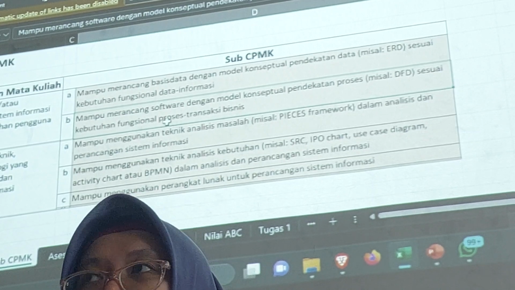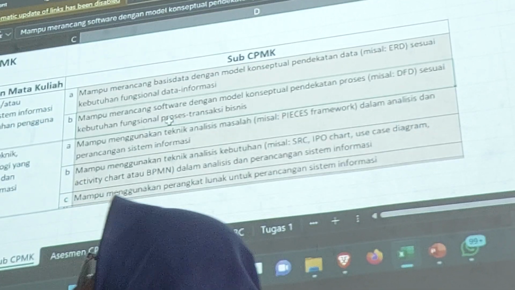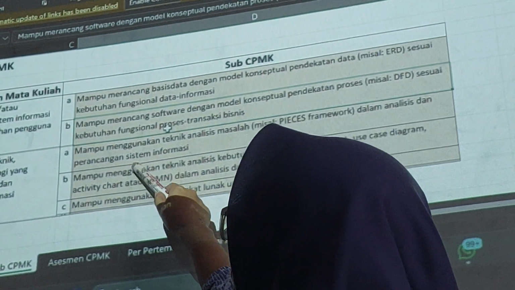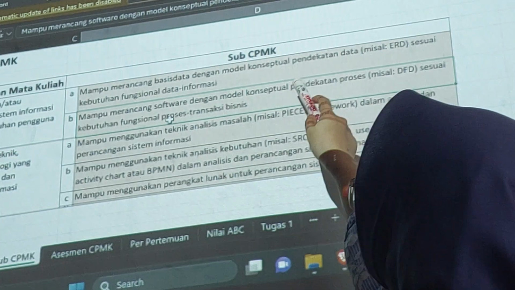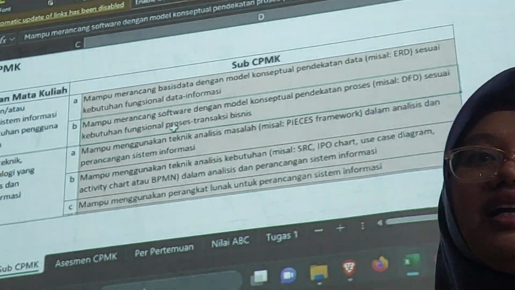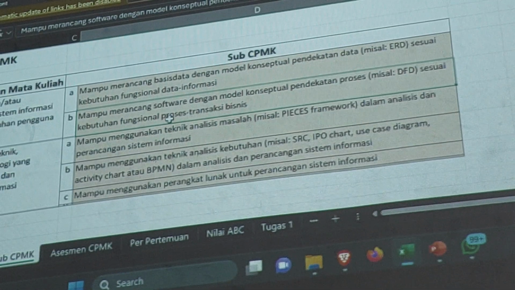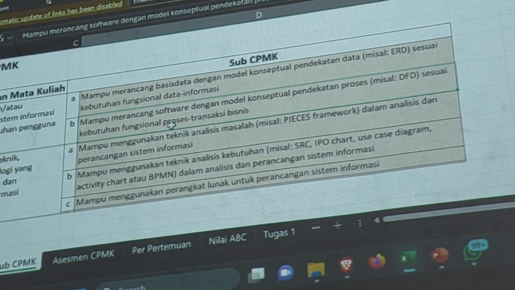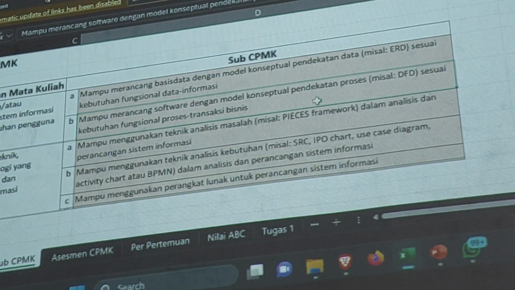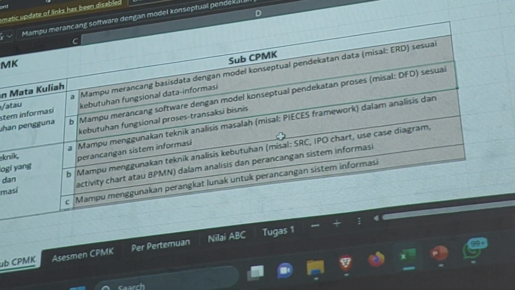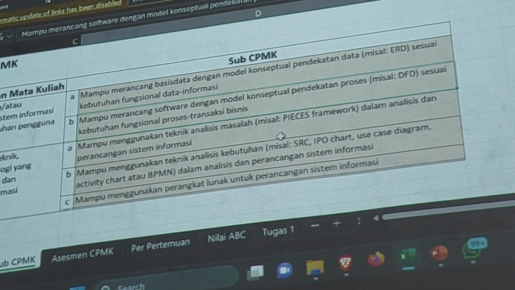Maybe you give another process, so you propose a BPMN and you develop it, like that. This is some example of the questions in the final exam to assess this learning outcome. Okay? Any question?